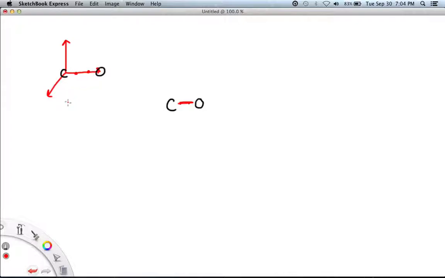In order to get our pi bond, we have to put the other electrons somewhere else, either in this axis or that one. It doesn't matter, but it's going to be 90 degrees. So if we put our 2 electrons here and here, they're going to hover above that bond. What you wind up with is a blob above and below like that.